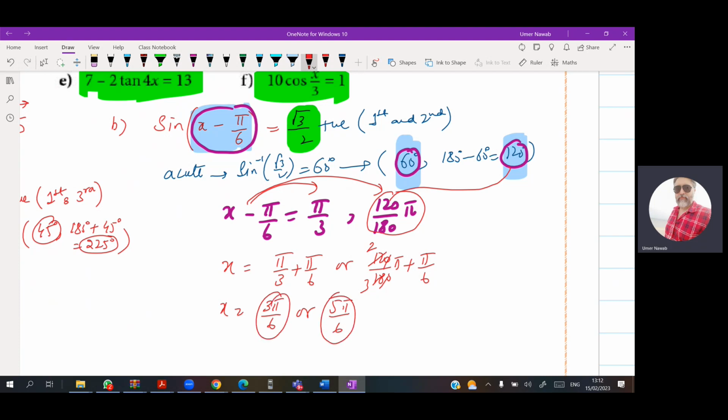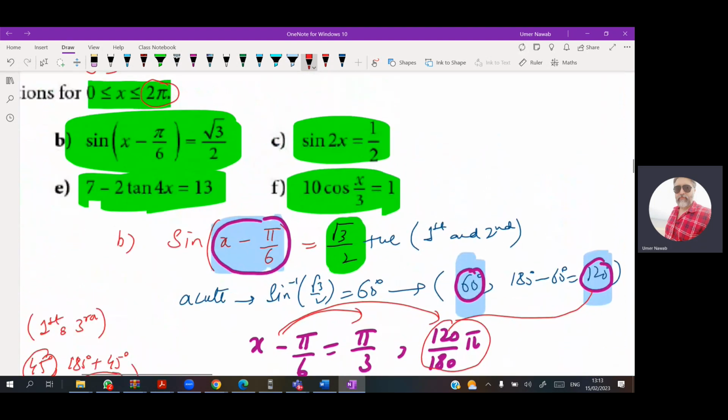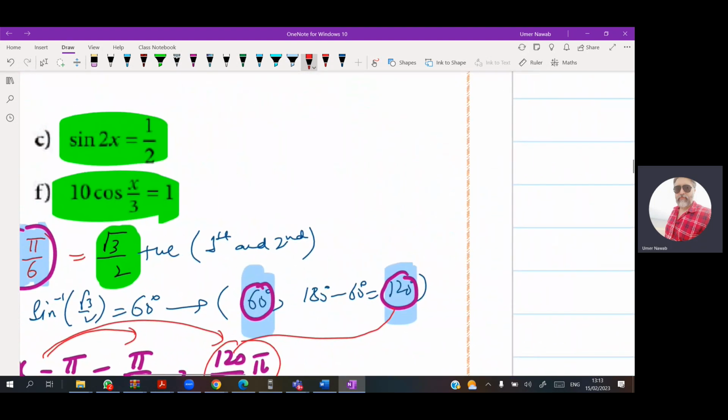So these two solutions I have found. I need to get the value of x, not these answers which we found from the acute angle. We have to add pi by 6 at the end. Clear? If you look into the C part, in the C part, our frequency is 2.